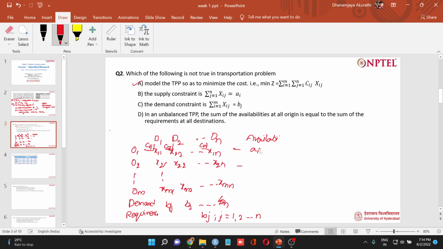And ai means a1, a2 up to am, where i runs from 1 to m.